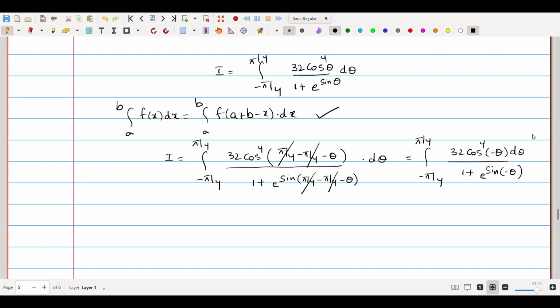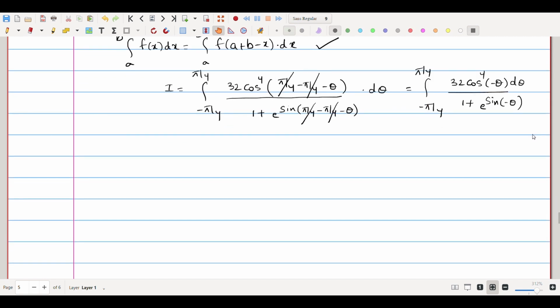We already know that cos is an even function and sin is an odd function. So this will become the integral from minus pi by 4 to pi by 4 of 32 cos^4 theta d theta by 1 plus e^minus sin theta.